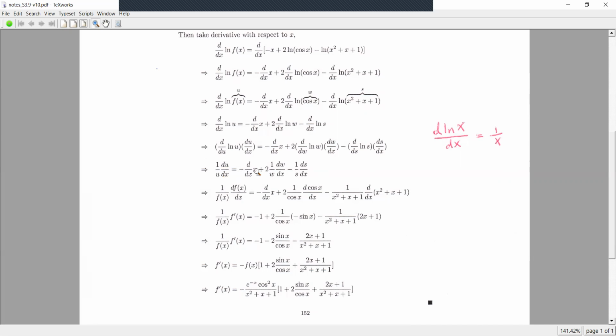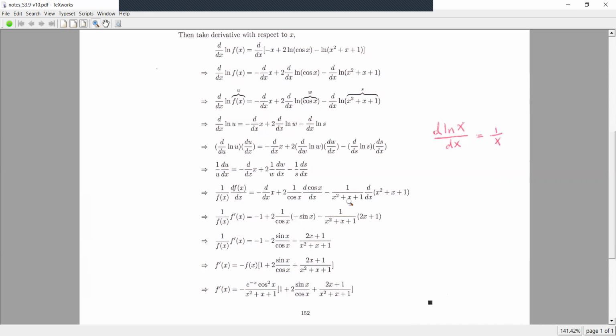Remove u, w, and s. They are intermediate variables. Plug in f of x for the u here. Then I get this term. Plug in cosine of x for the w here. Then I get this term. Plug in x squared plus x plus 1 for the s here.